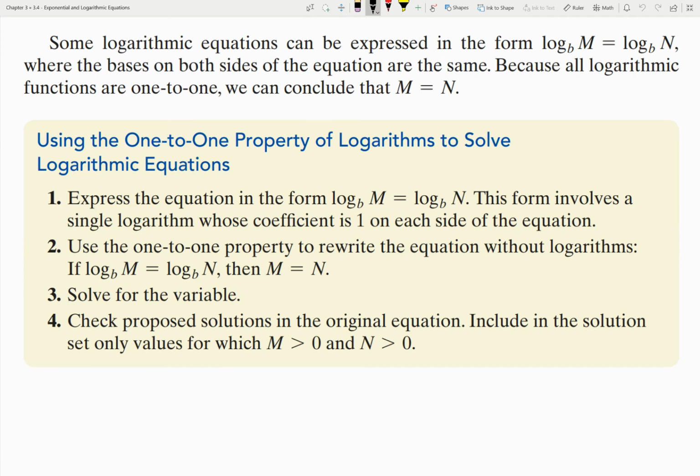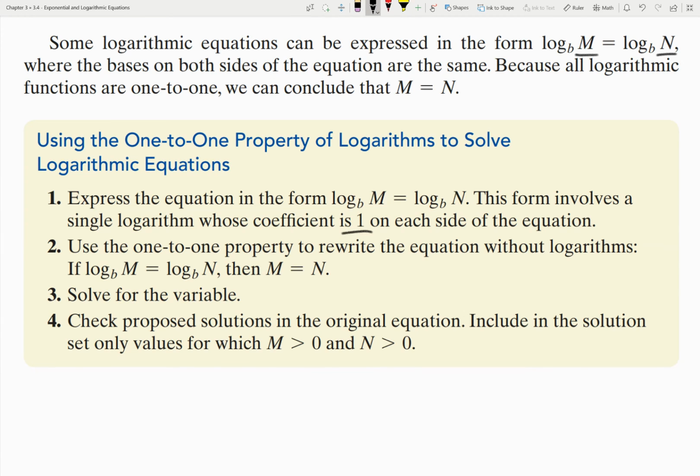Some logarithmic equations can be expressed as a logarithm equal to another logarithm, where the bases on both sides are the same. And because all logarithmic functions are one-to-one, we can conclude that the inside of the logarithms are equal to each other. Now this, again, only works with a single logarithm with no coefficient equal to another single logarithm with no coefficient.